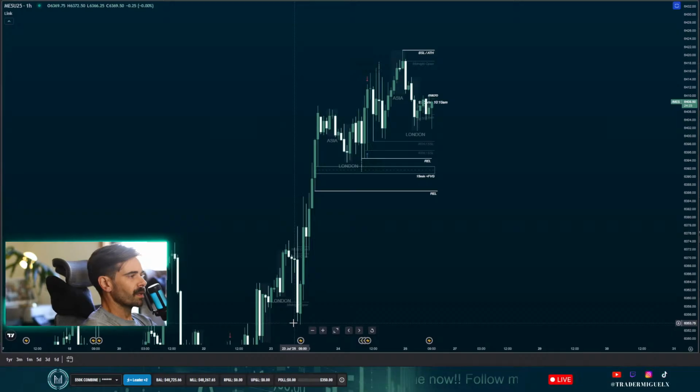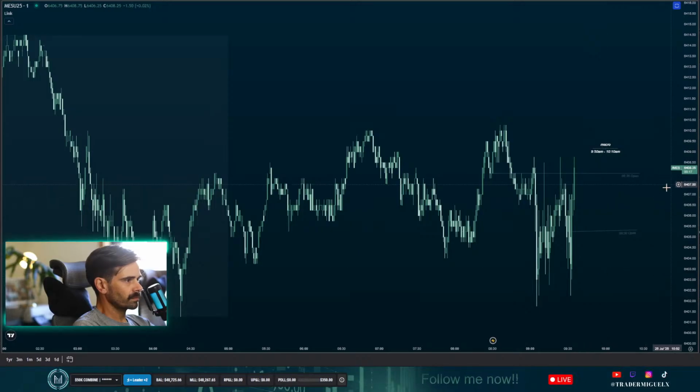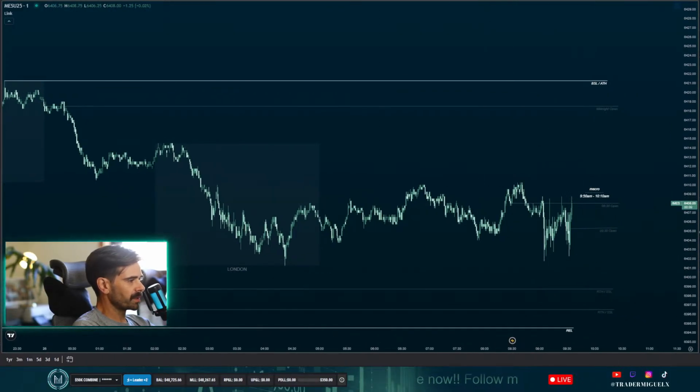Yeah. So let's see if we have somehow a manipulation to the upside, taking out these relative equal highs here and then moving lower.